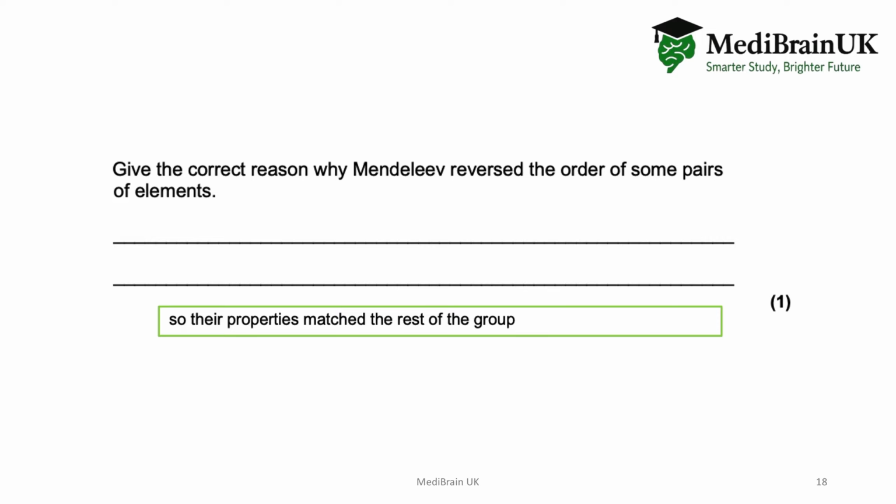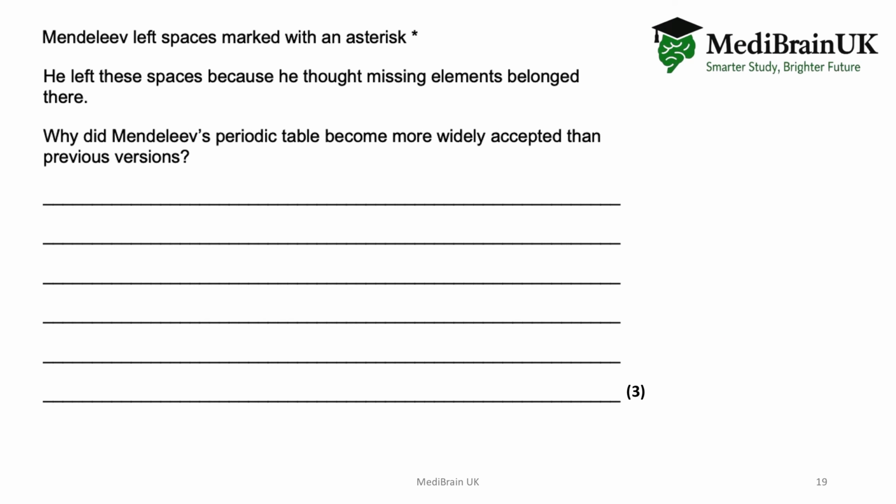For example, you might have to swap around a group 1 and a group 2 element, so the properties of that element will match the rest of the elements that are in group 1. So that's why he had to reverse the order of some pairs of elements that he originally placed in his periodic table.